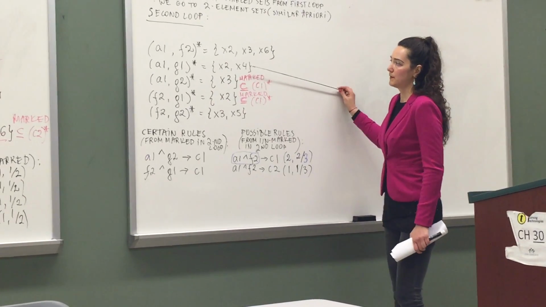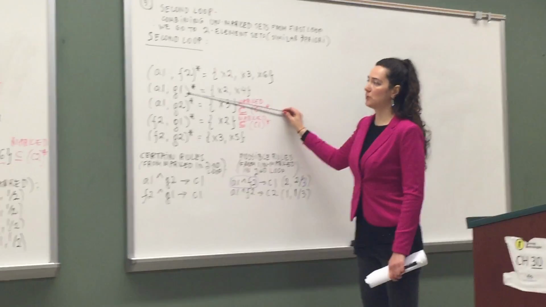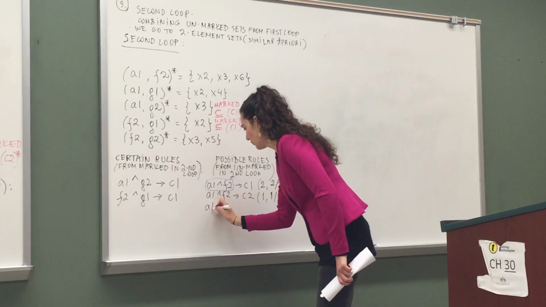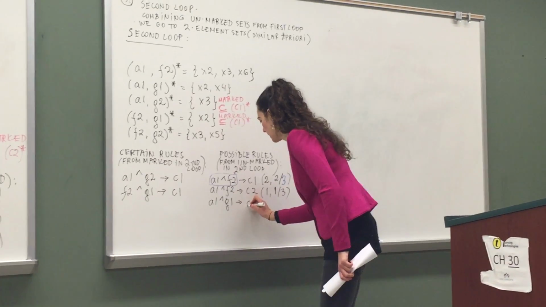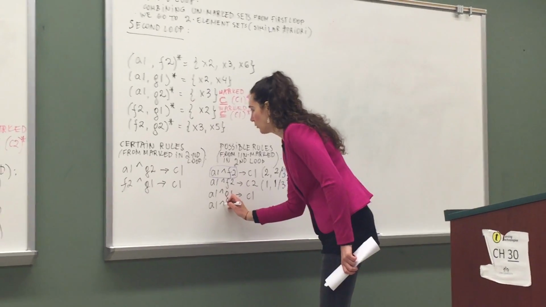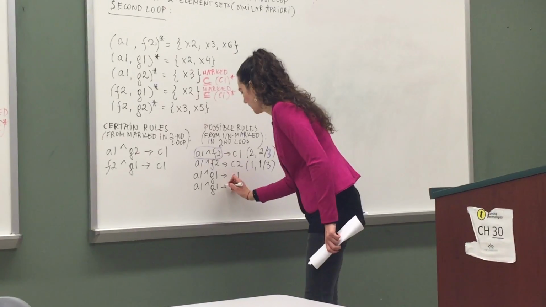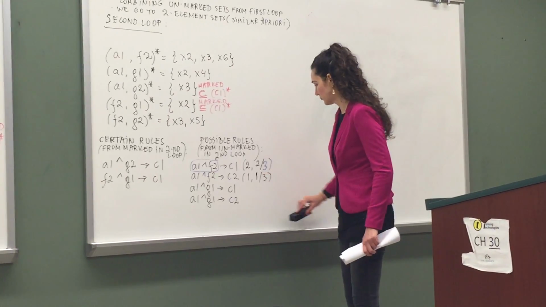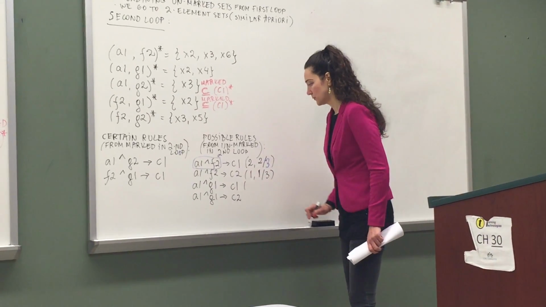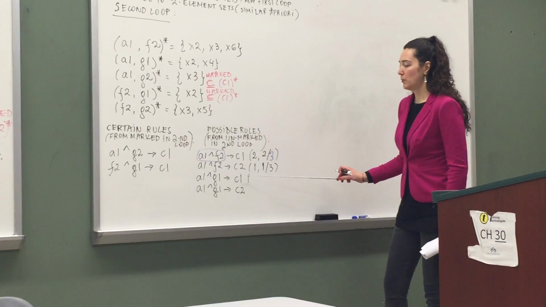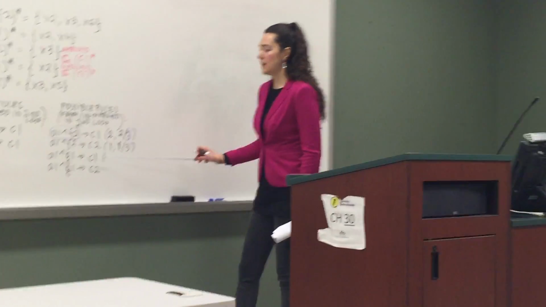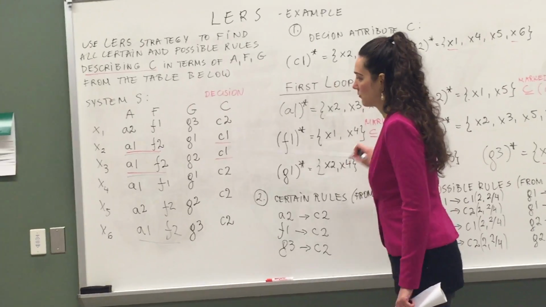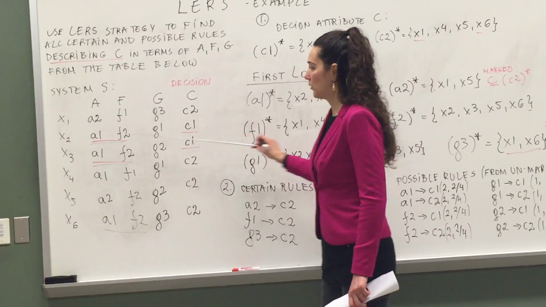Next rule is unmarked set A1 and G1. So this is going to be A1 and G1 implies either C1 or A1 and G1 implies C2. What is the support for this rule? A1, G1, C1 only happened once, right here.